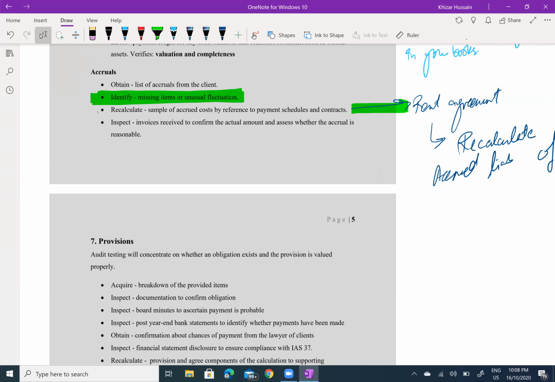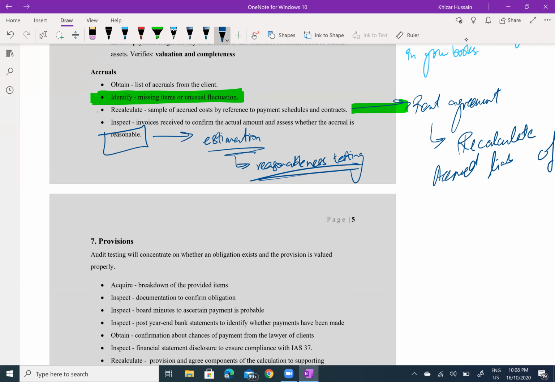Inspect invoices received to confirm the actual amount and assess whether the accrual is reasonable. Again, reasonableness testing of estimations, because accrual is an estimation, right? So when we talk about estimations, we talk about reasonableness testing. Make sense?